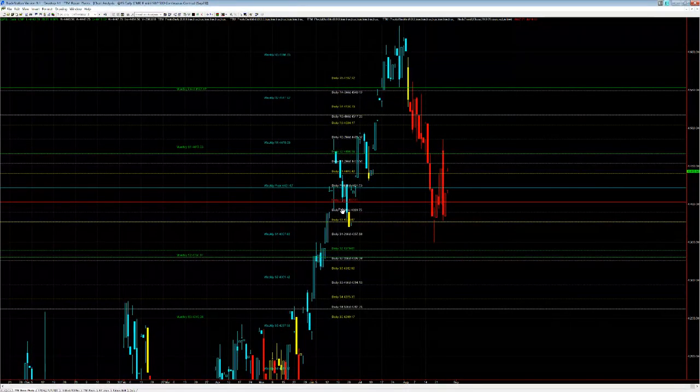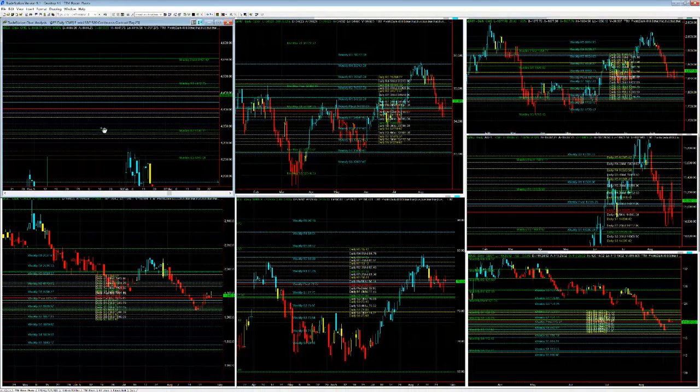Not only the pivot, but the S1, R1, S2, R2, midpoints, you name it, everything is laid out for me, because I've built it this way, daily, weekly, and monthly pivot points for every ticker that I want to know this information for. You can see I've got it readily available here for S&P, Dow, Russell, NASDAQ, bonds, gold, crude, etc. And I could do it for anything else that we want to look at as well.